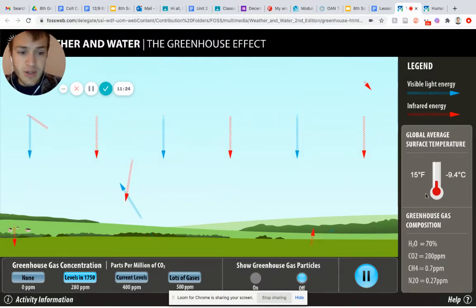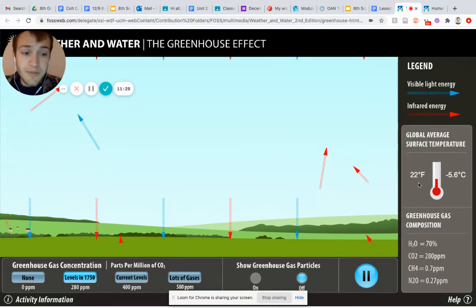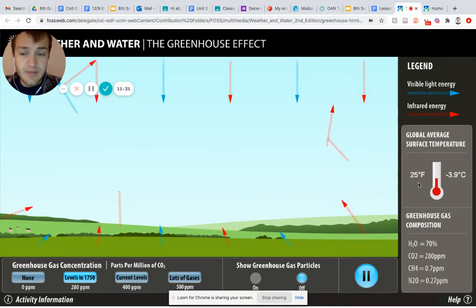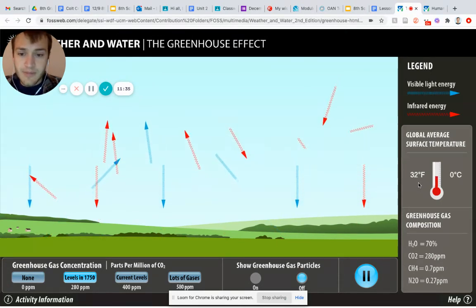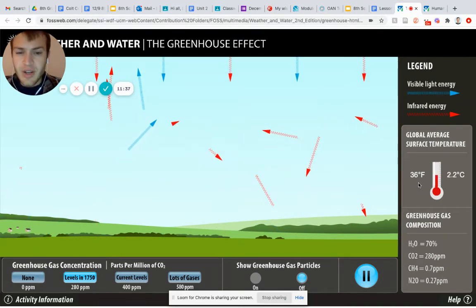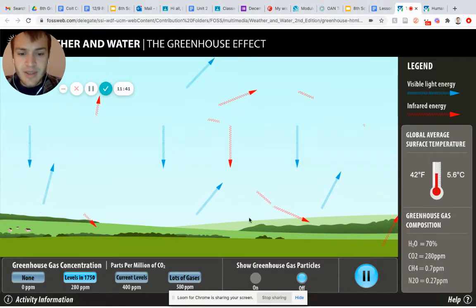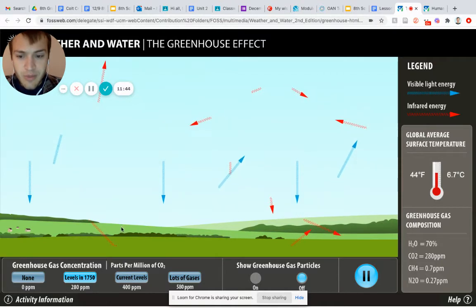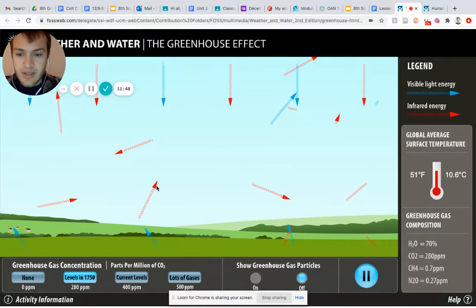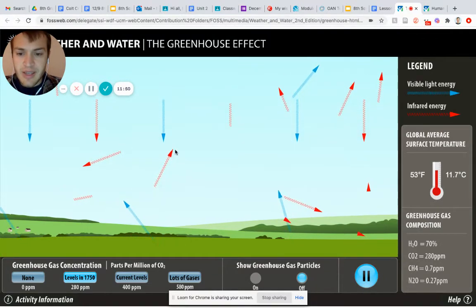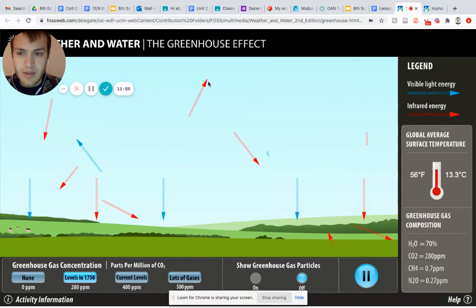Okay, the first thing you're going to notice is that the temperature is increasing pretty rapidly. Another thing you're going to notice is that suddenly these red arrows, when they reflect away from Earth, like this one right here, at some point get stopped by something. Oh, maybe not that one.